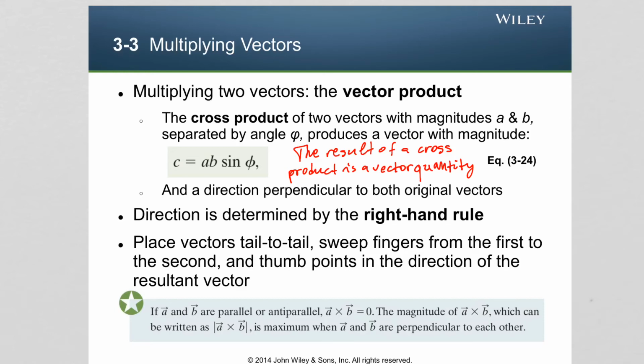The magnitude of the cross product A cross B, which also can be written as such, that's the absolute value of A cross B, has a maximum when A and B are perpendicular to each other. And it's a minimum when the two vectors are parallel or anti-parallel.